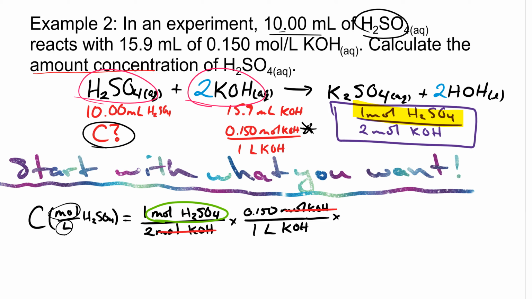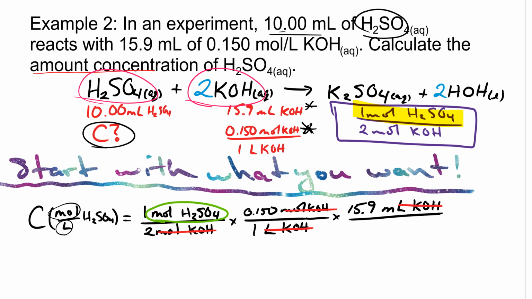Where else do we have liters of potassium hydroxide? Well, I know that we used 15.9 milliliters of potassium hydroxide. That's pretty close to what I want. So liters of potassium hydroxide and milliliters of potassium hydroxide will cancel out.